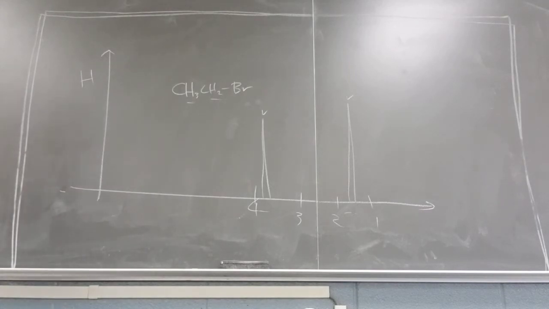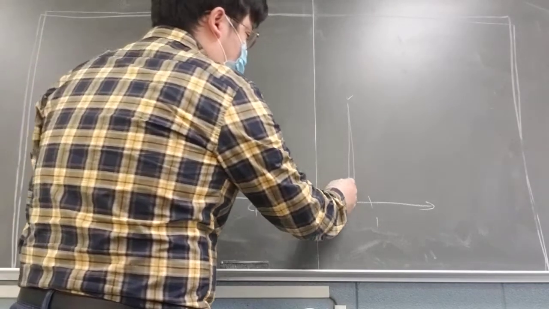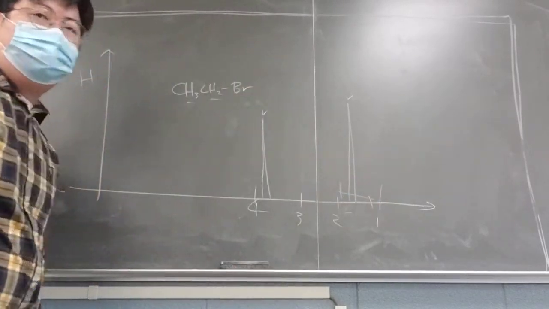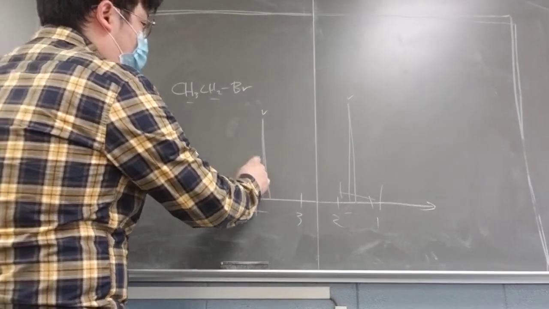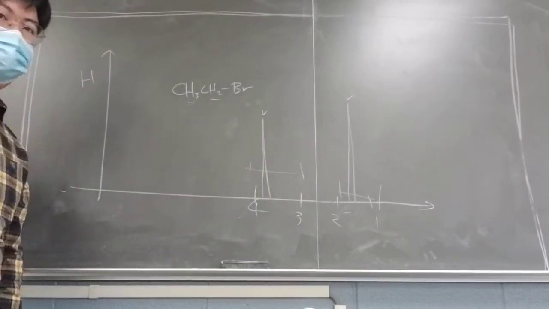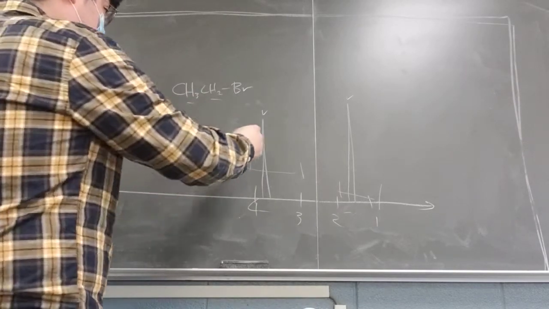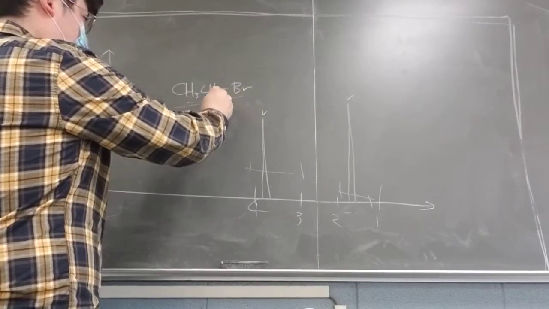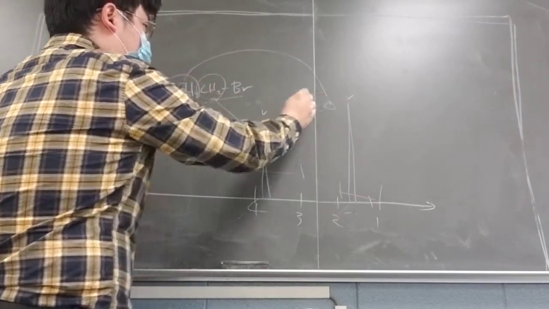Okay, so if you look at this one over here, this is somewhere you can get the terminal carbon attached to hydrogens over here. This is somewhere you can have the carbon attached to the halogen, near the hydrogen. So this is from here to over here.